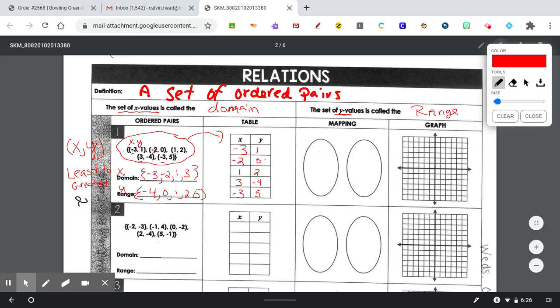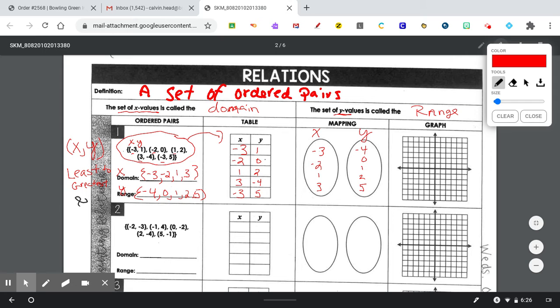Now, mapping. Basically, this is the X, this is the Y. Do not repeat the numbers. If you want to, you can take what you wrote for the domain and range. So I'm going to write my domain: -3, -2, 1, and 3. And then write my range: -4, 0, 1, 2, 5.